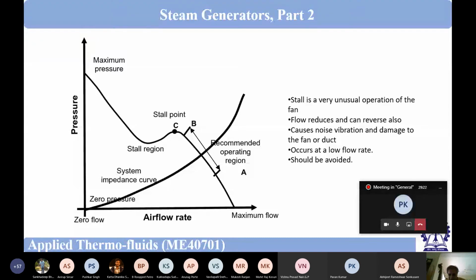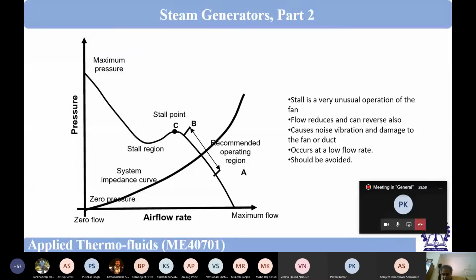Stalling, overstalling, one can have a number of classes, and stalling is one of the phenomena which is not very well understood even today. Even the control of stalling, there are ways, obviously people work on those ways, but it is not sacrosanct that if you do this, there will not be stalling.